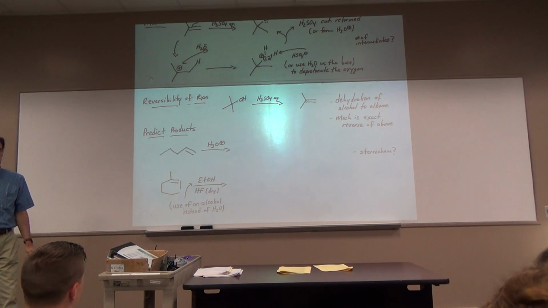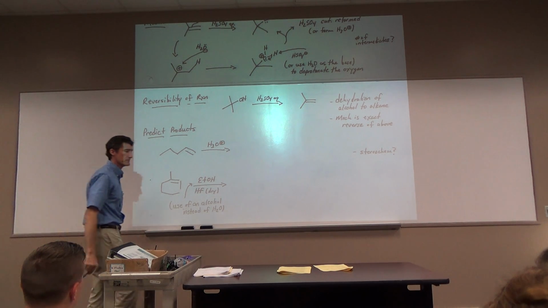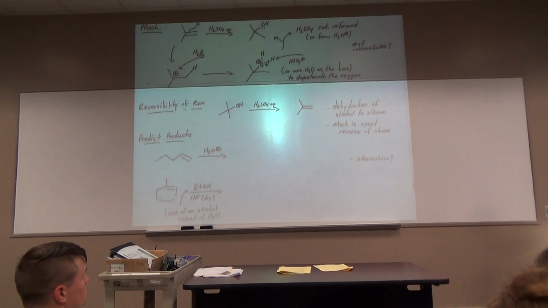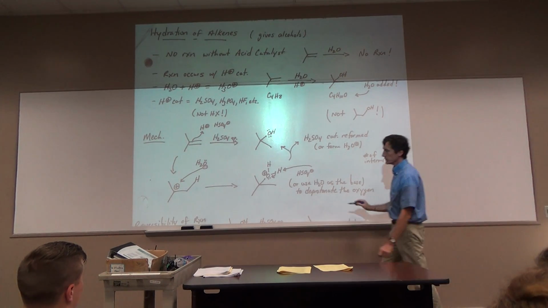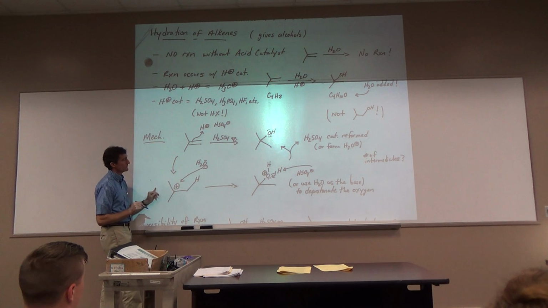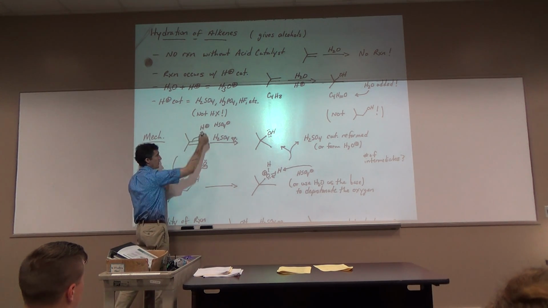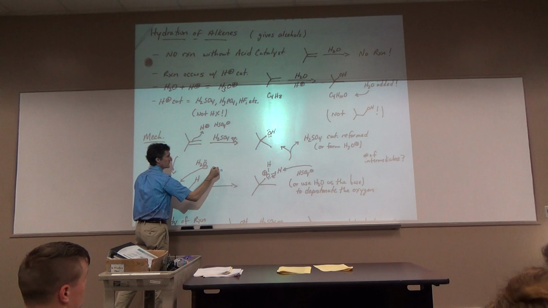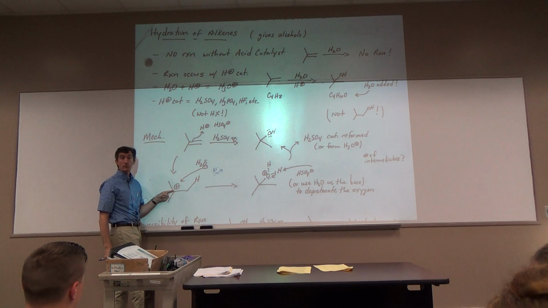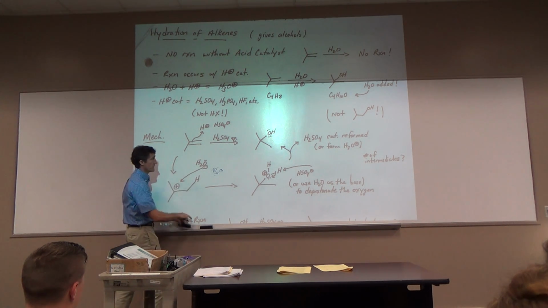Forgot to mention why the choice of acids up there. Why the choice of acids? The acid's important because right here, if we had used HBr, you would have had a Br minus floating around. Well, Br minus could add to the cation. You're going to get an alkyl bromide. Or a chlorine or something.